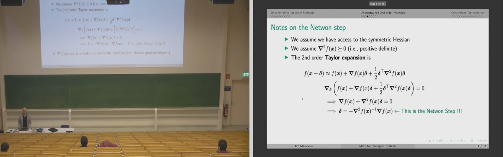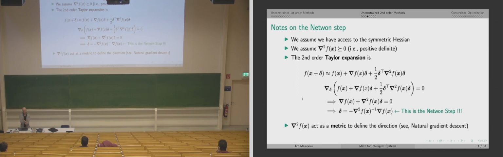Okay, so talking about natural gradients, and you'll see that next week, one way to view the Hessian here is that it acts as a metric to define properly the direction. So you could view a quadratic as a surface, and then the Hessian acts as a metric.